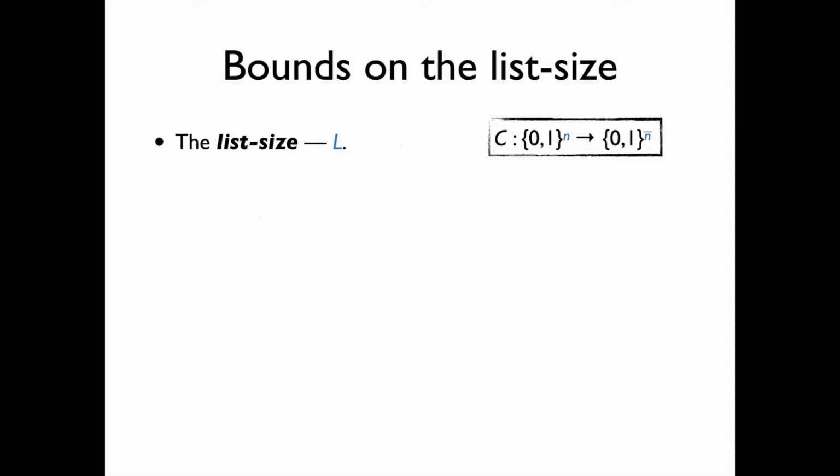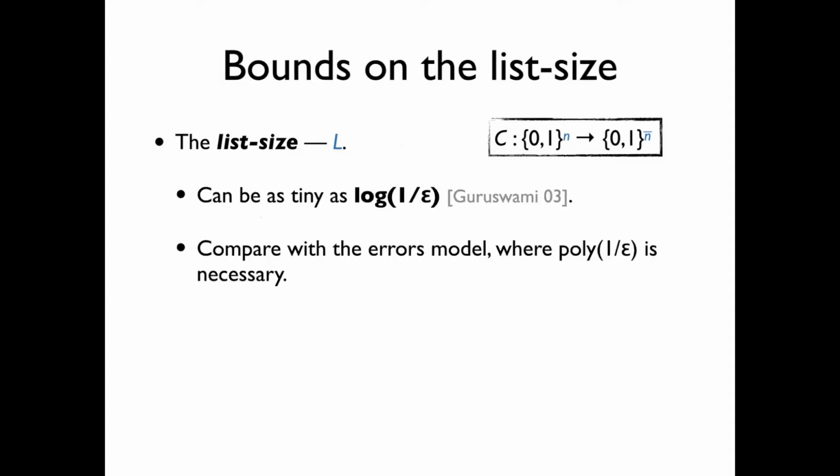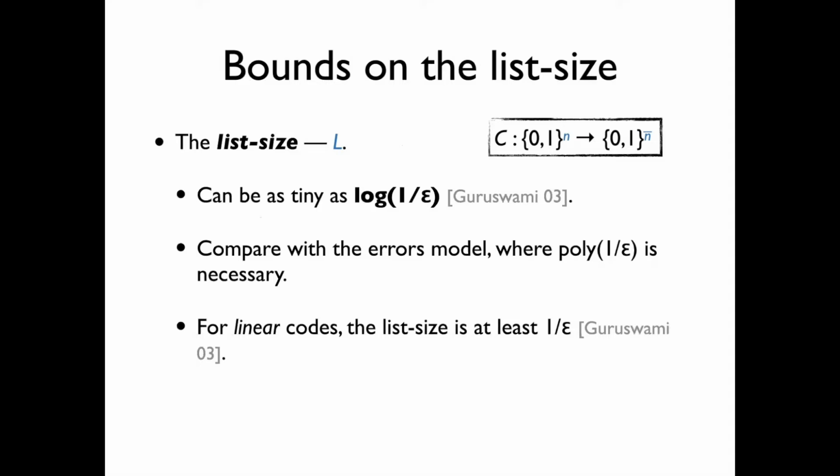What about the list size? So quite surprisingly, the list size can be as tiny as log 1 over epsilon. Comparing with the errors model, where poly 1 over epsilon is necessary. I'll just mention that for linear codes, the list size is at least 1 over epsilon.